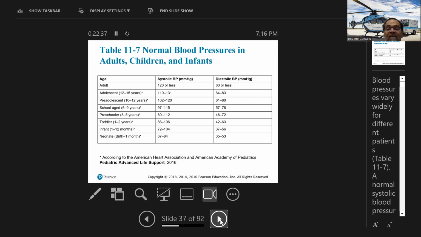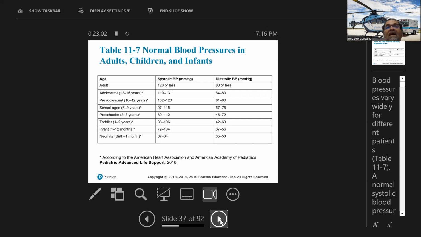Preschoolers, which are 3 to 5 years of age, their systolic should be 89 to 112, and diastolic should be 46 to 72. Toddlers, 1 to 2 years of age, systolic is going to be 86 to 106, and diastolic is going to be 42 to 63.